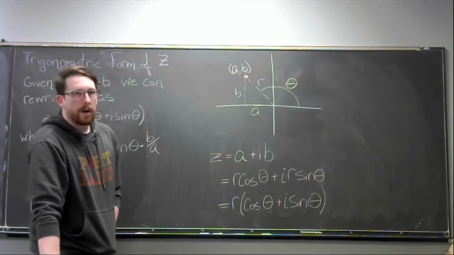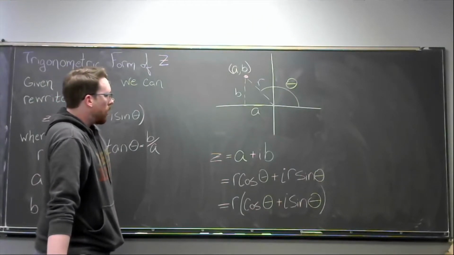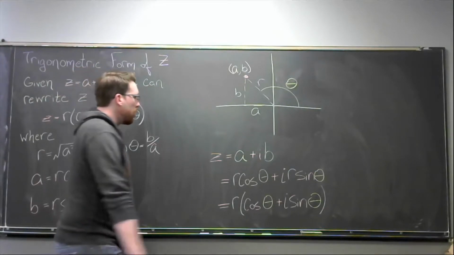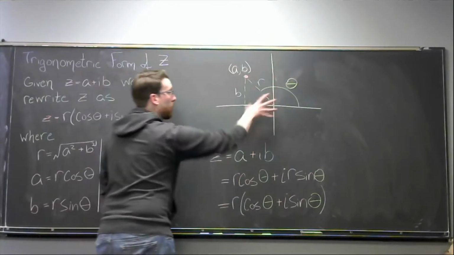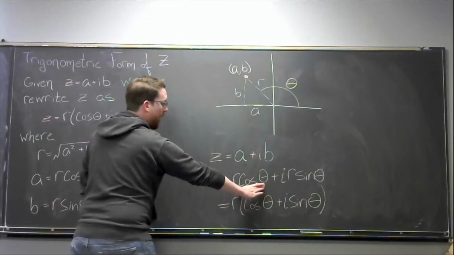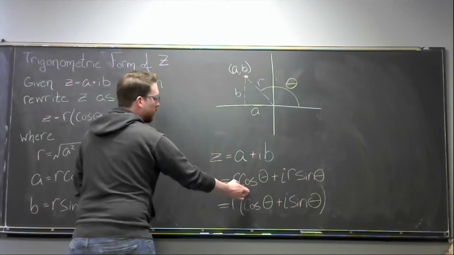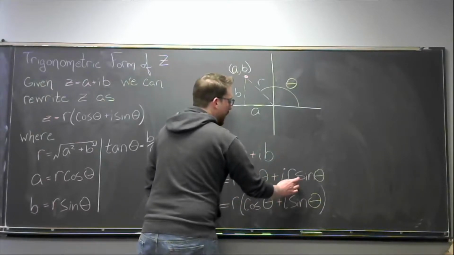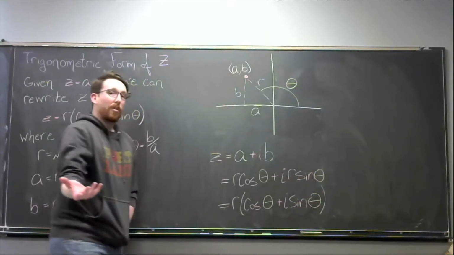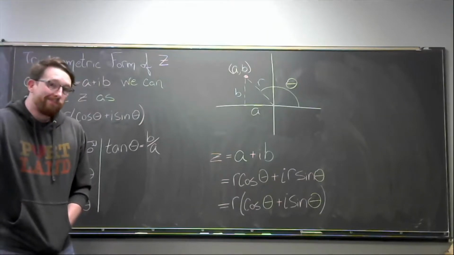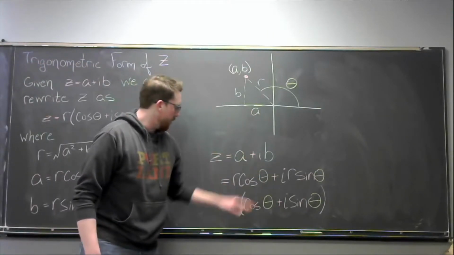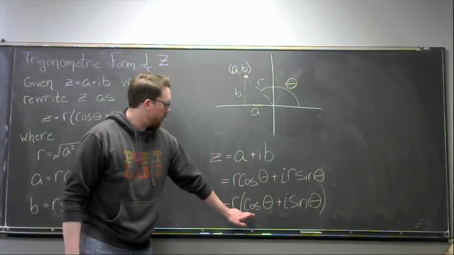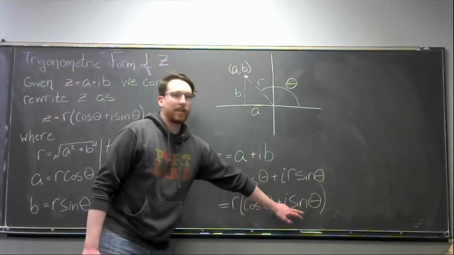They're not the same thing, and I'll explain that in a little bit. When we do, looking at it graphically, we can rewrite a as r times cosine theta and ib as i times r sine theta. They both share r, so we can pull it out. We can rewrite all of this as r times the quantity cosine theta plus i sine theta.